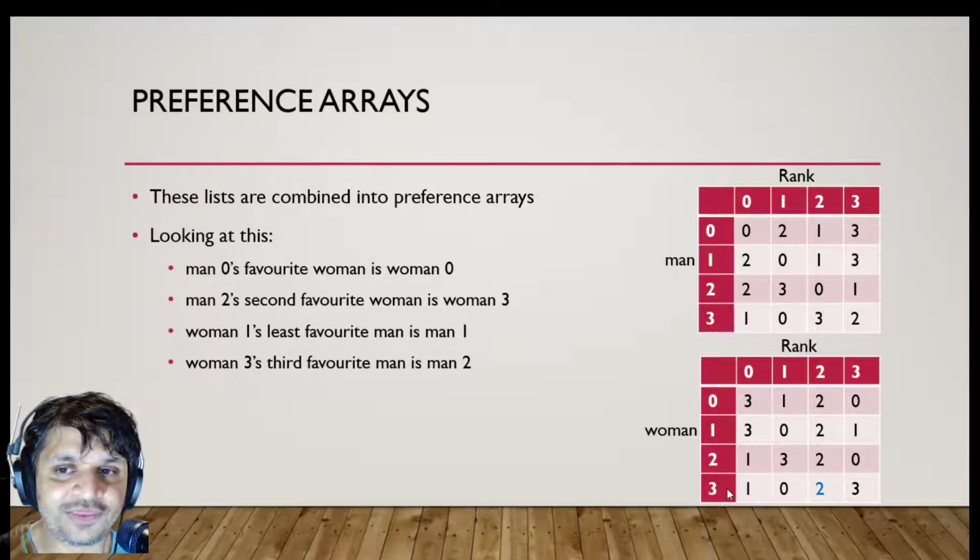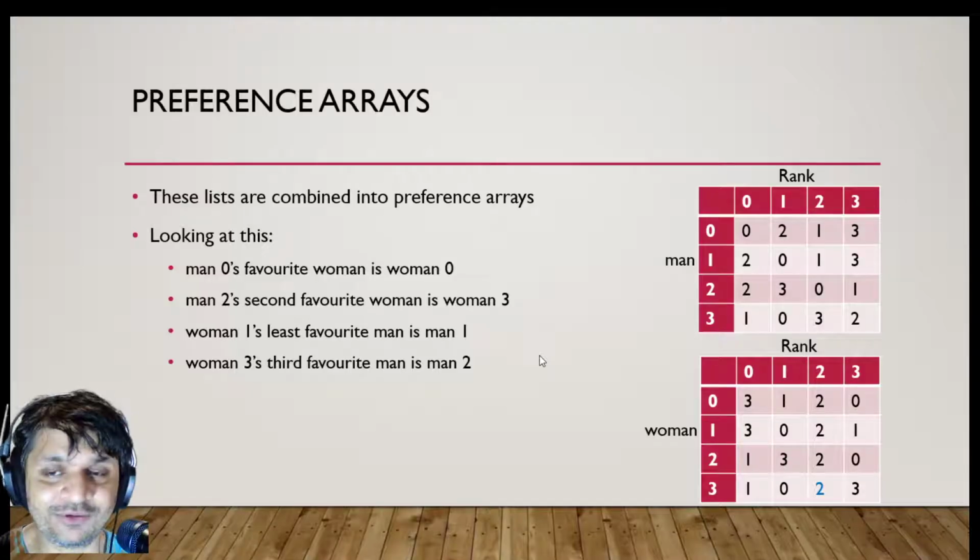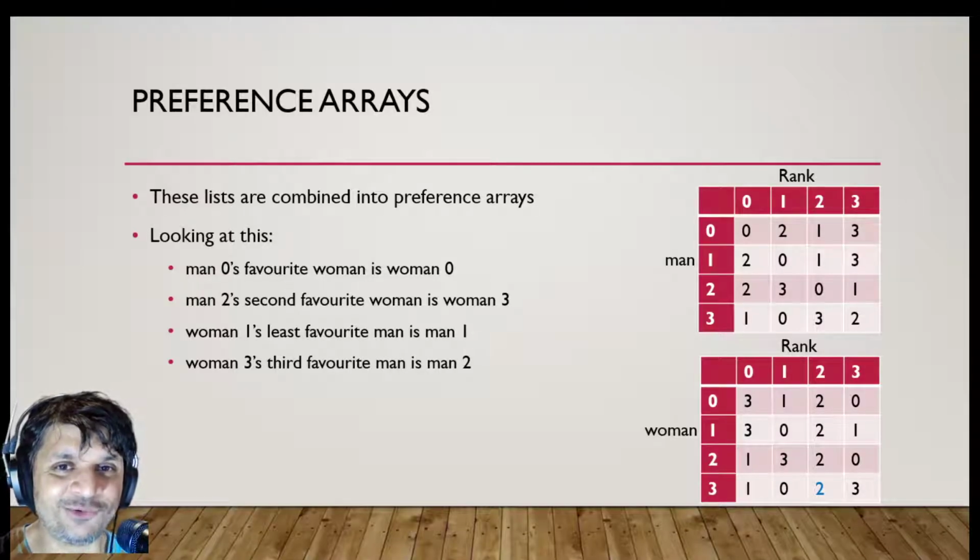Woman 3's third favorite man is man 2. Okay, so these were just some examples to help you understand the organization of these preference arrays. I could go on all day, but I won't. But the point here is that we now know how every man ranks every woman and how every woman ranks every man.